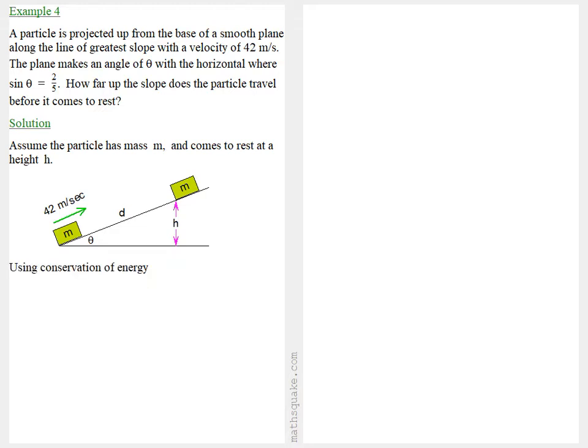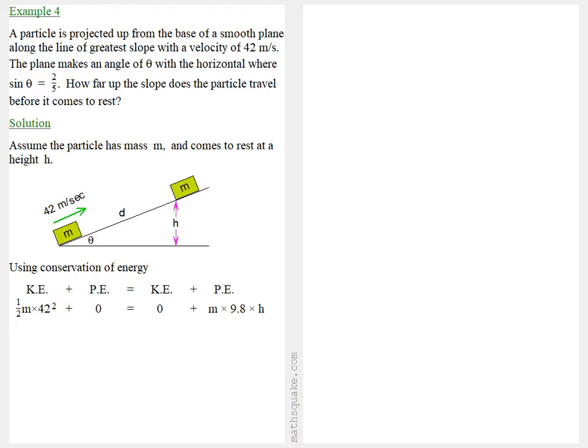Then we can use the conservation of energy. The initial kinetic energy and potential energy is equal to the final kinetic energy and potential energy. Now the initial kinetic energy is a half mv squared, which is a half m times 42 squared.